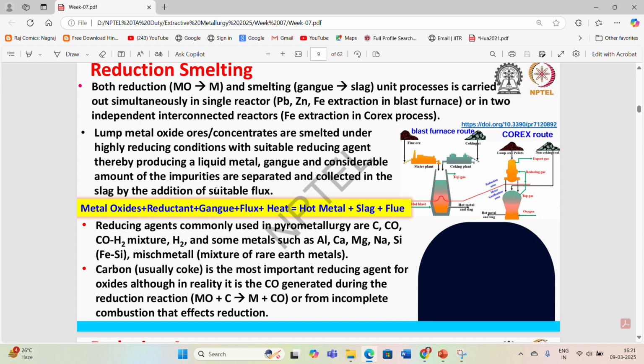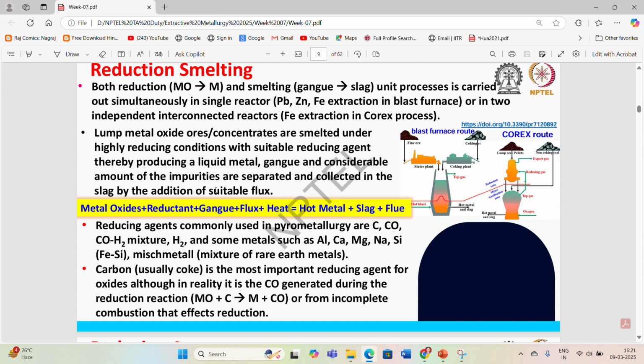We had talked about matte smelting. Now coming to the reduction smelting process, the common example is the blast furnace process, or the process used in the extraction of zinc and lead.